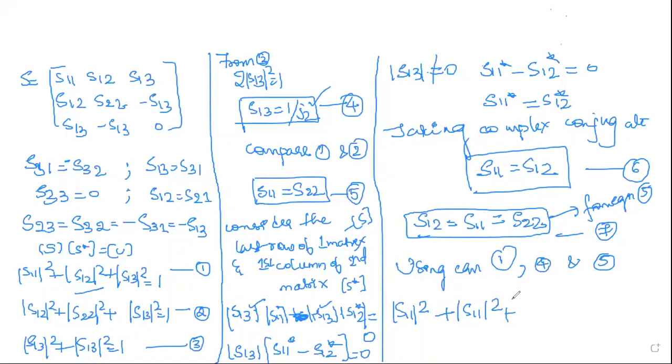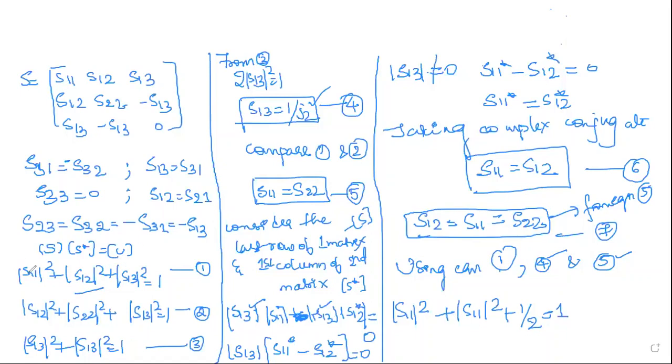So it is square, I'll write it as 1 by 2, which is equal to 1. You are substituting the 4, 5 in equation 1. Equation 1, you have S11 square plus S12 square plus S13 square, which is equal to 1.